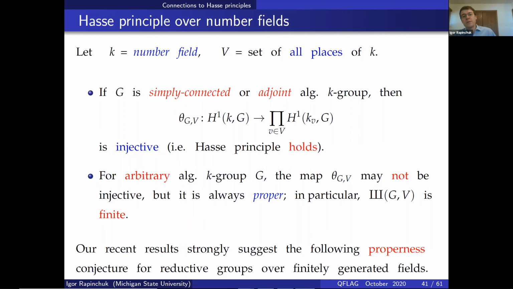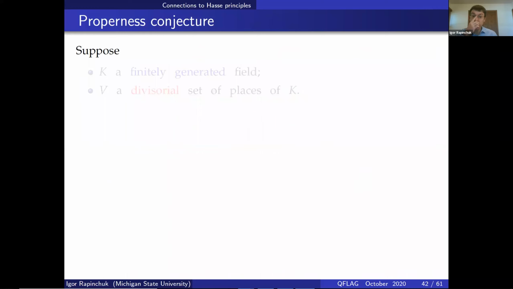Now, what some of our recent work suggests is that this properness should hold in the rather general setting of groups over finitely generated fields. Okay, so here's the precise statement of the conjecture. Suppose that K is a finitely generated field and V is a divisorial set of places.